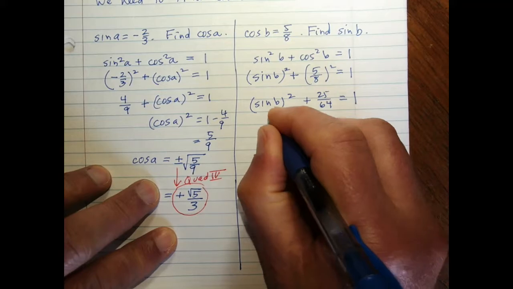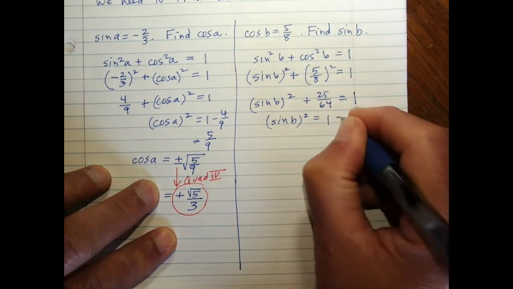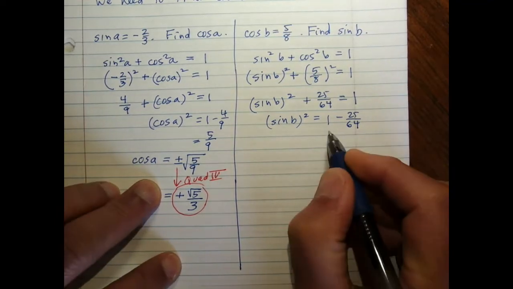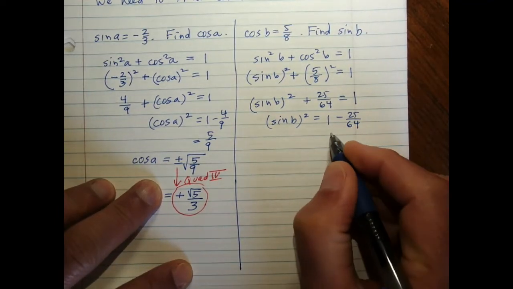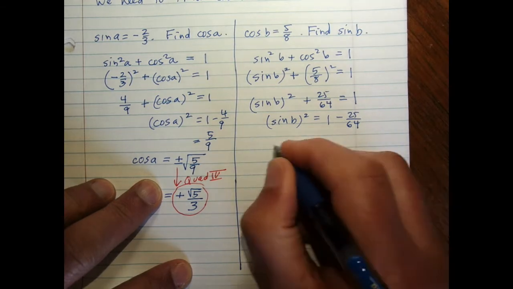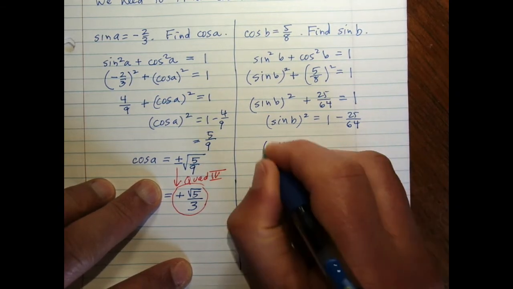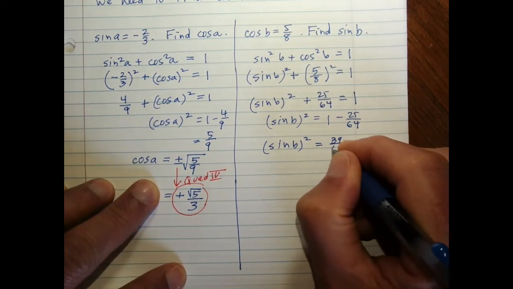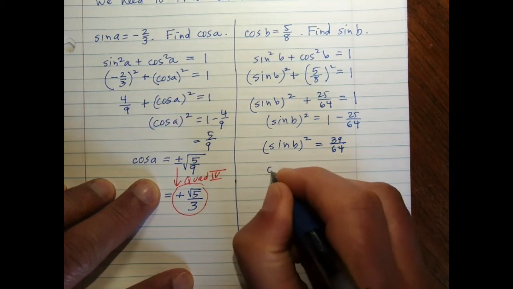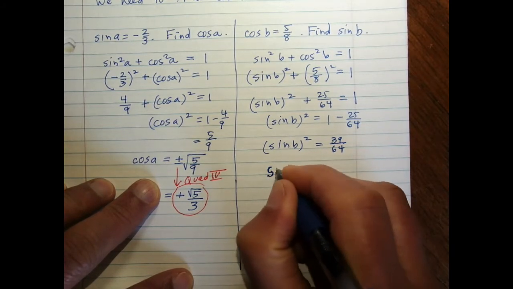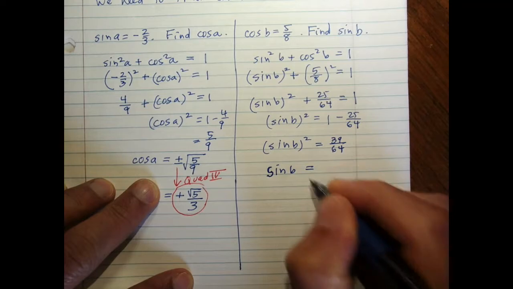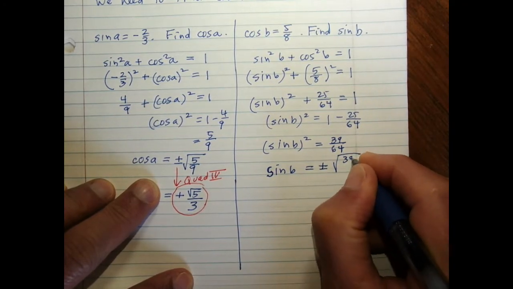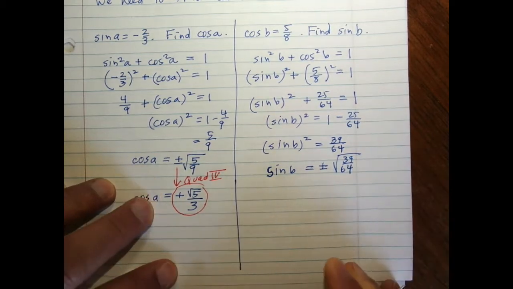Sine B squared is 1 minus 25/64. So that's, let's see, 64/64 minus 25/64 is going to be 39/64, a little bit of fraction arithmetic there. Sine B, now I can take square roots, is plus or minus the square root of 39/64.